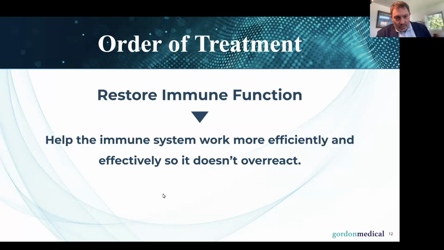Many of us have found this over decades of work, that if we can help potentiate normal immune function, the overreactivity, which is often a compensation for underperformance, is not going to happen as much. So we want to look at mast cells.